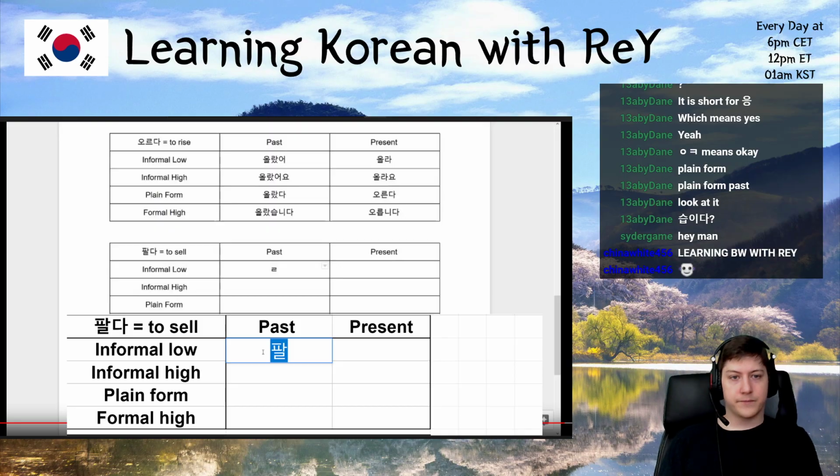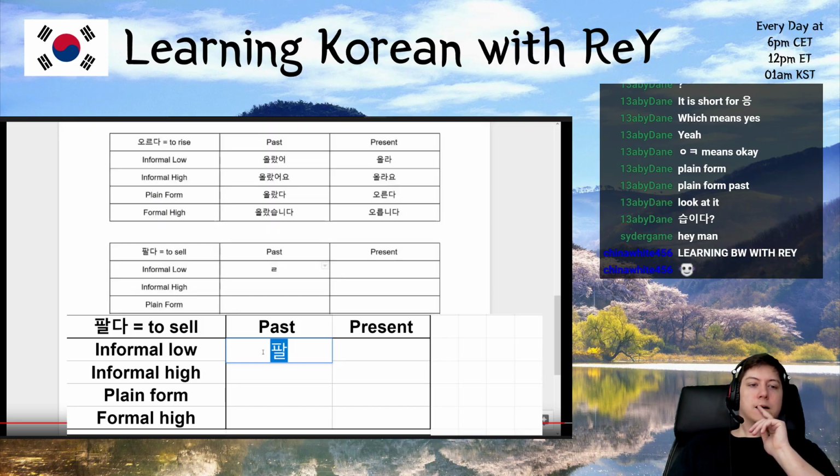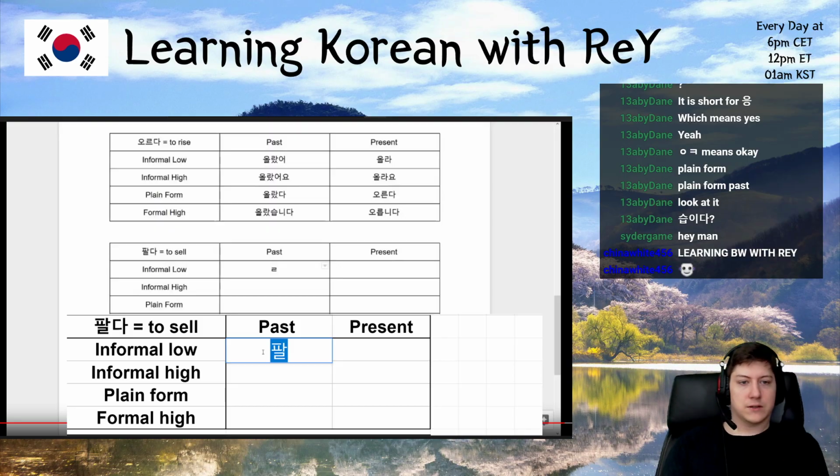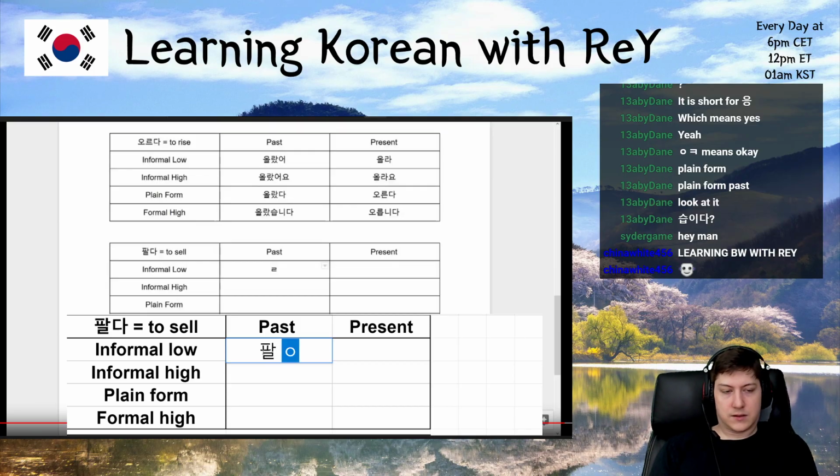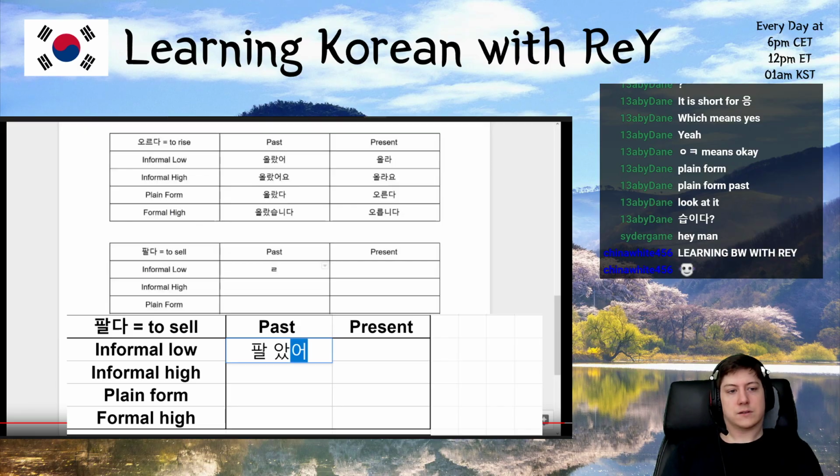팔 is the stem, and we need to add 아서. And now we need to check the irregular. And I really have to think about what the irregular was, because I don't really remember anymore.